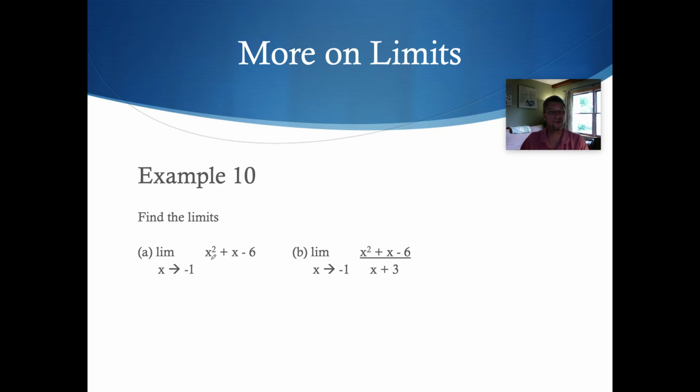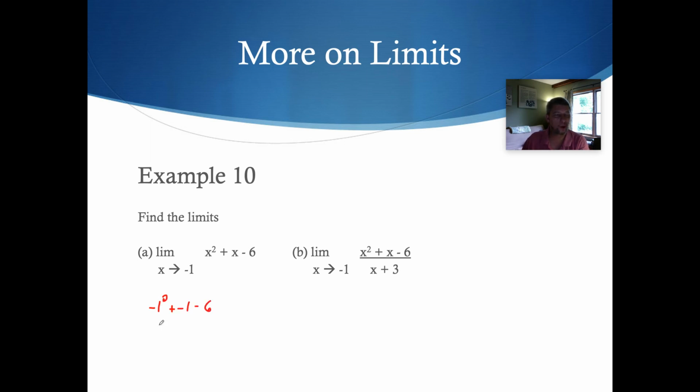And rather than go through the power rule and the sum rule and the difference rule, I'm simply going to do this by direct substitution. And so this is going to be -1 squared plus -1 minus 6.